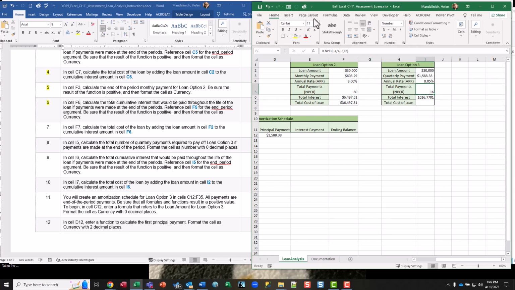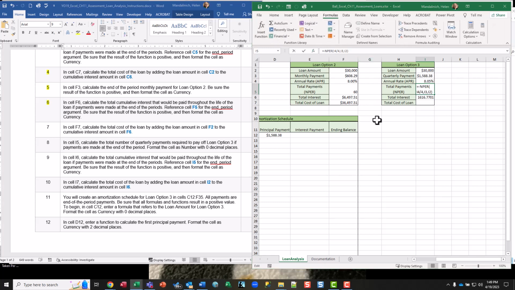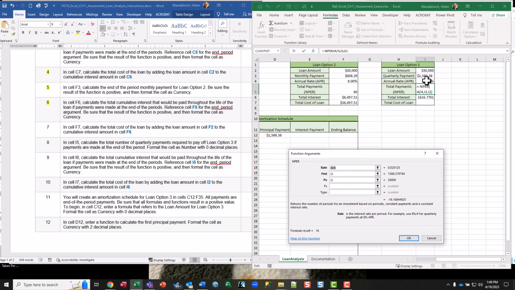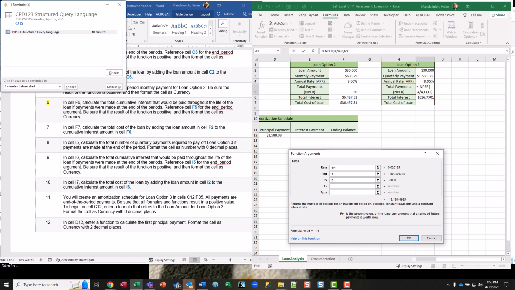All right, let me pull it up this way. Let's look at it this way. Interest rate is I4 divided by 4. Payment is I3. That's good. Present value is I2. That absolutely looks good. So let's see what's going on here.